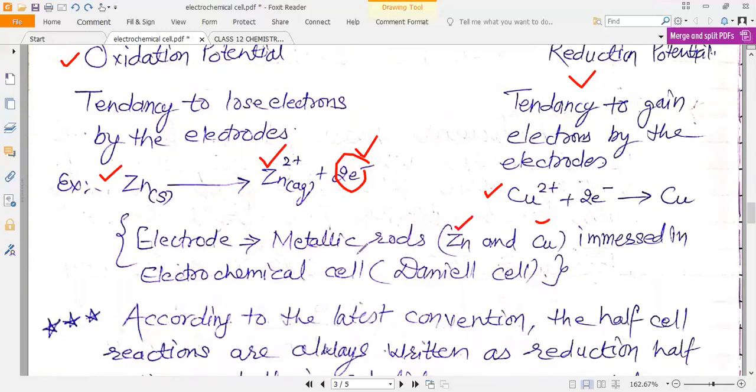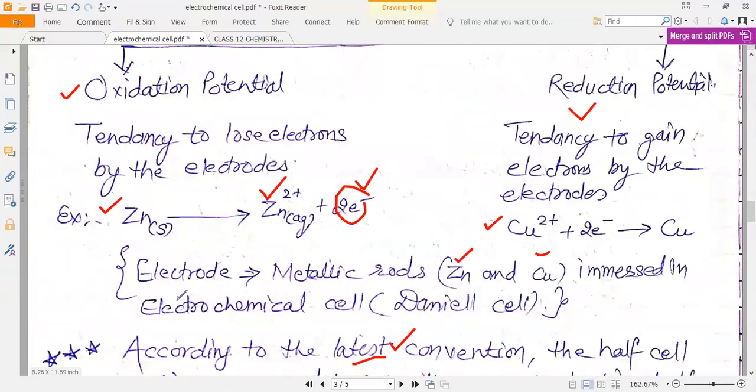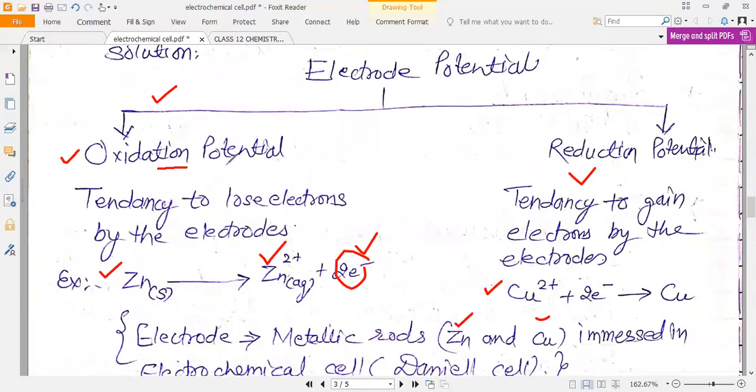This is the latest convention: half-cell reactions are always written as reduction half-cell reactions, and the potentials are represented as reduction potentials. So whether it is the oxidation potential or reduction potential of an electrode, it is always written in the form of reduction potential.